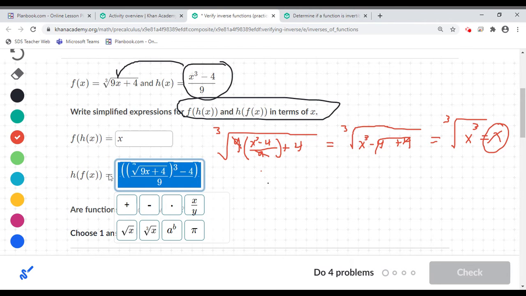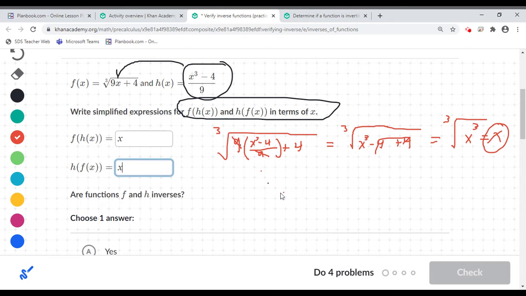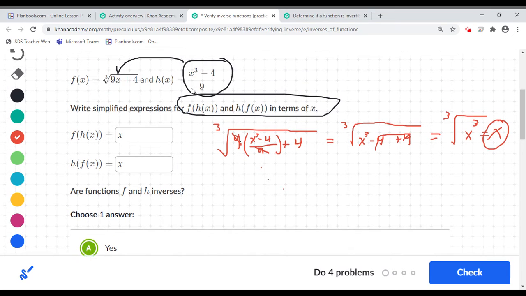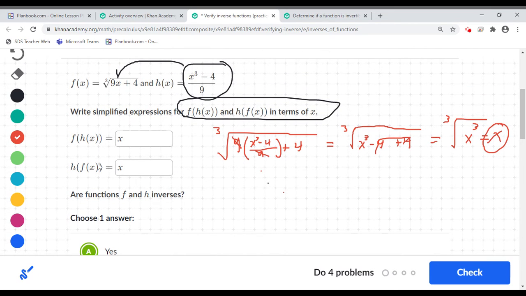It has an inverse. So I'm just going to delete both of those. Are they inverses? Yes. If the first one is x, then the second one is also x. The inverse in one direction means that the other one is also the inverse.